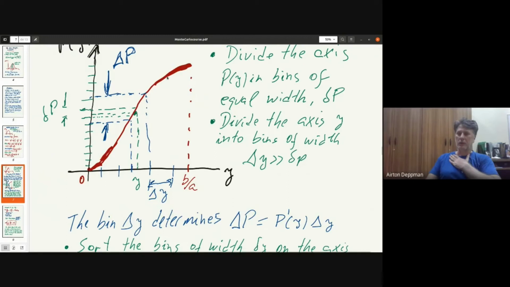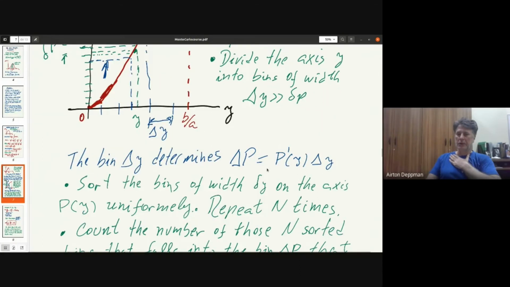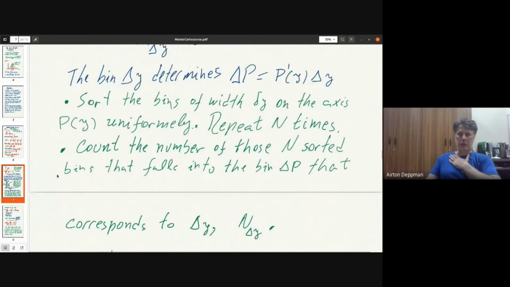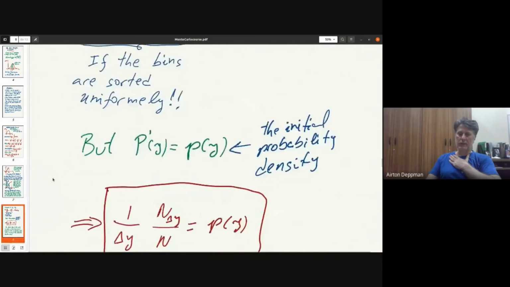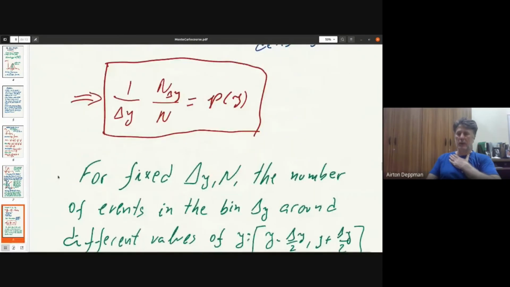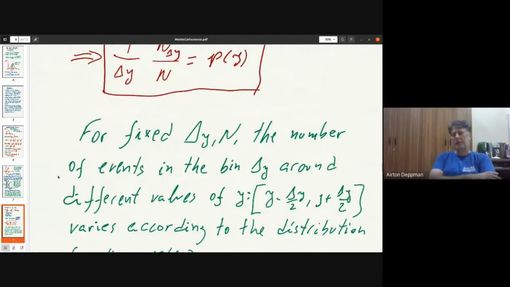So everything will be proportional to the derivative of this function, and therefore proportional to the probability density. So this is the theory corresponding to statistical sampling.